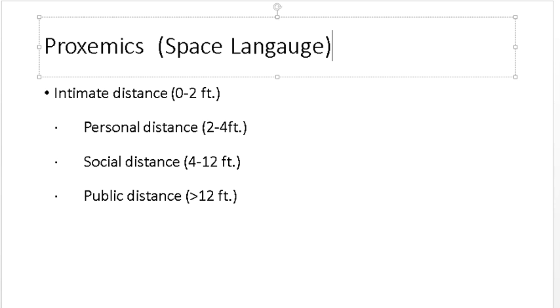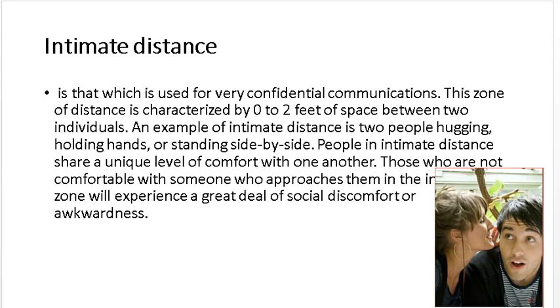Here let's talk about the intimate space. Intimate space is when we are very close to our friend. Intimacy is a very close friendship. Being very close to someone, we can whisper in their ears, so it is used for very confidential communication. When we have very confidential communication, it is easily done in the intimate space.